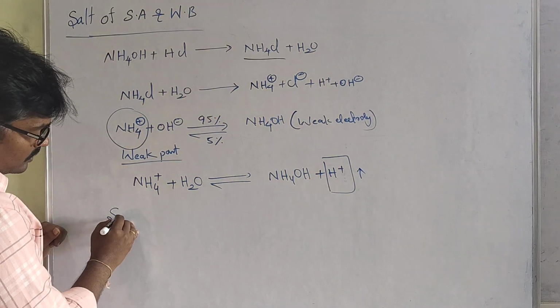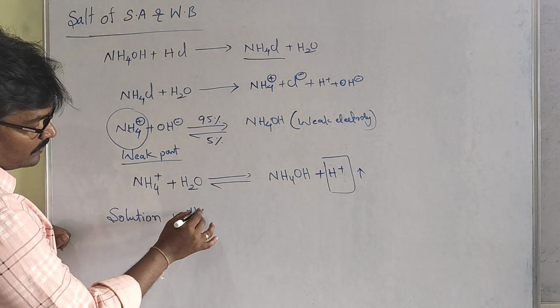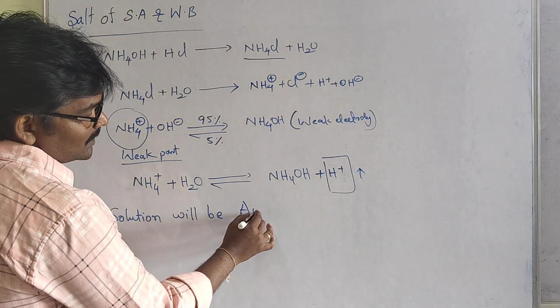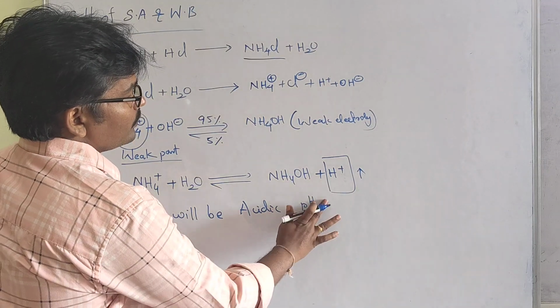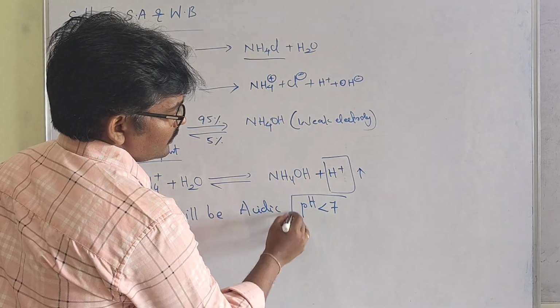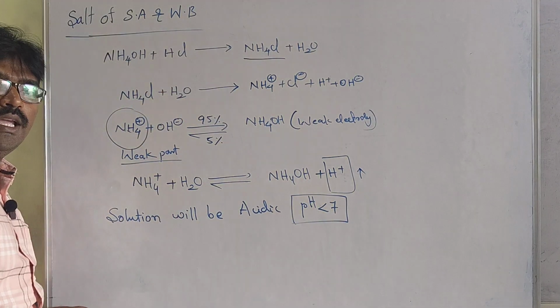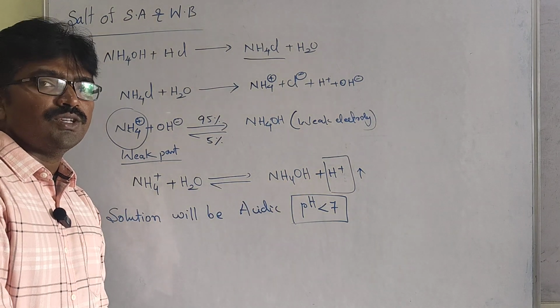That means the solution will be acidic. That means pH is less than 7. pH becomes less than 7, why? Because the solution will be acidic.